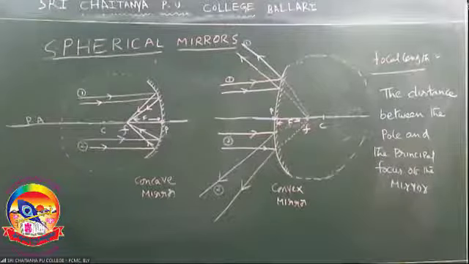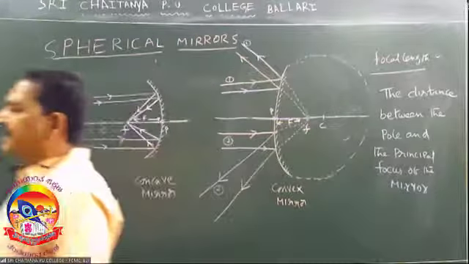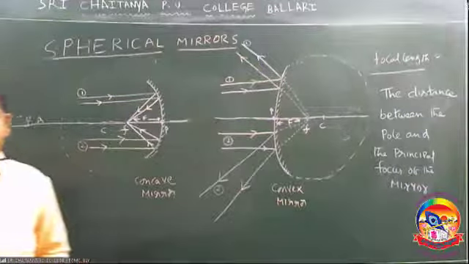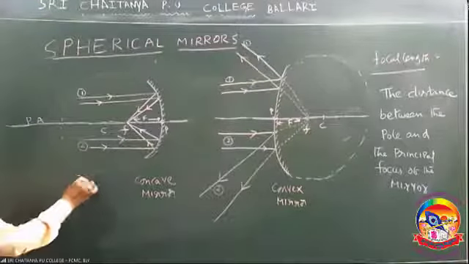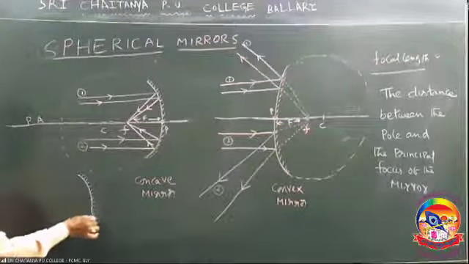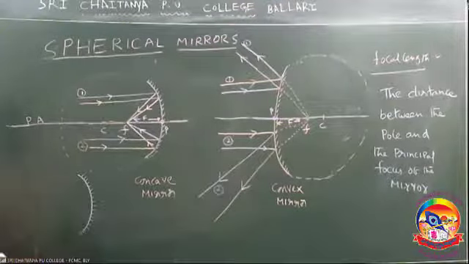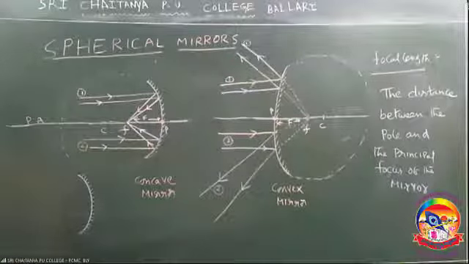After focal length, the final definition is the aperture of the mirror. Here we can understand. In that diagram, there is slight confusion because all the light rays are there. This is the concave mirror. Take the two extreme light rays at which reflection will take place.